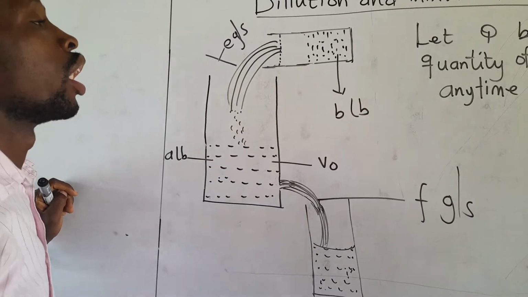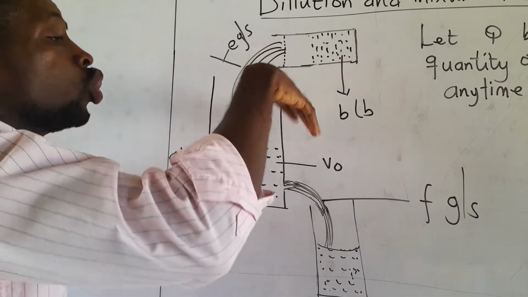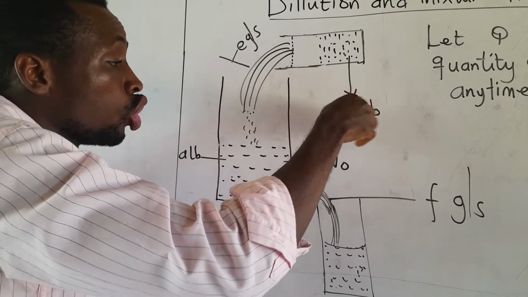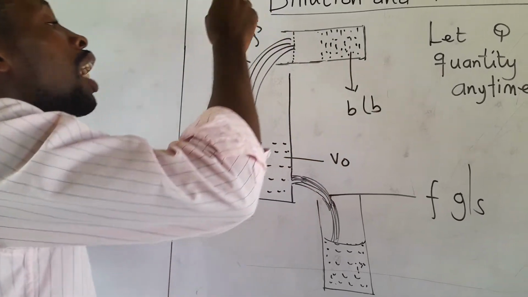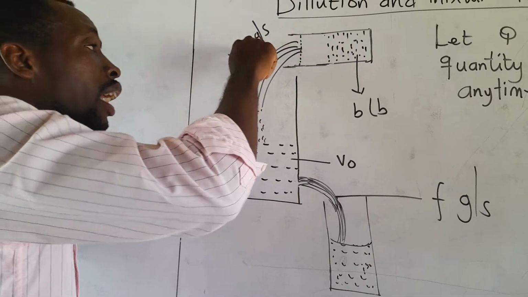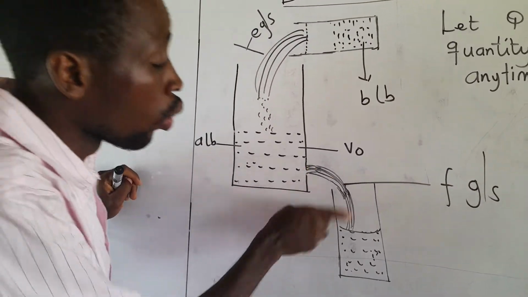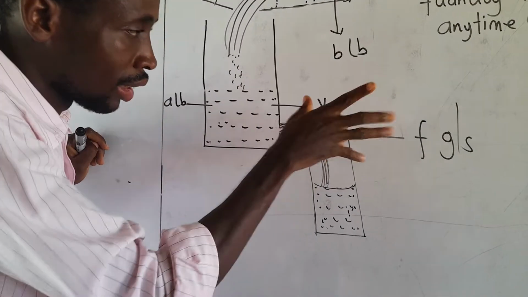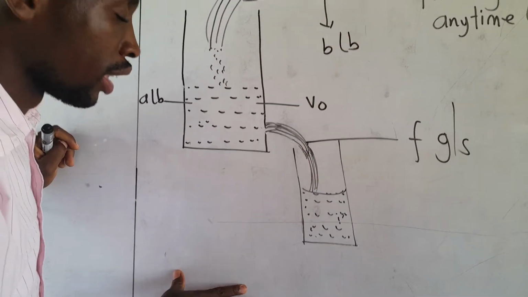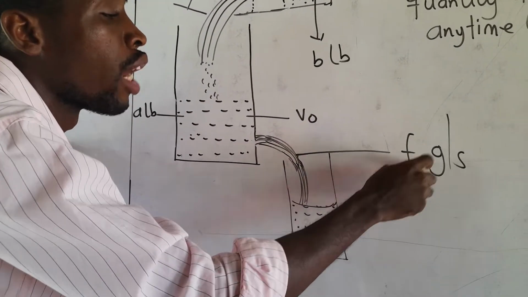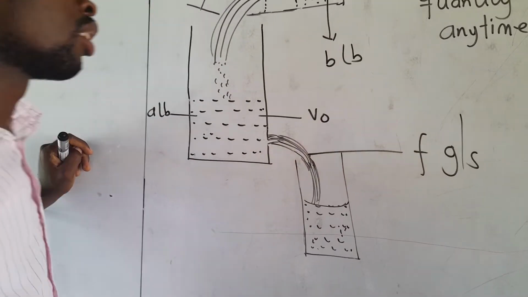Please take note of that. So we add another solution of salt of B pounds at a rate of E gallons per second. Then we outlet it, just as represented in the writing there, at a rate of F gallons per second.